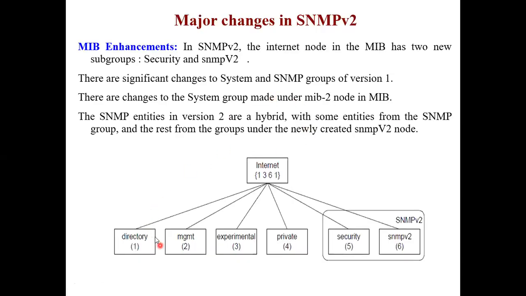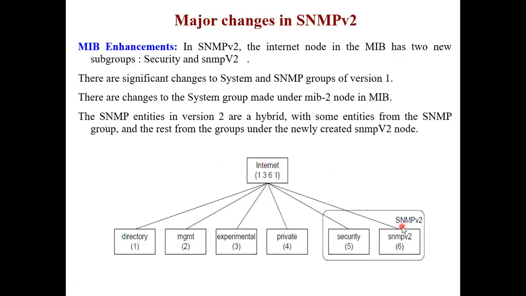Now, if you see the MIB in version 2, apart from these 4, we have 2 more added: security, and then SNMP version 2. So the internet node in the MIB has 2 more subgroups.